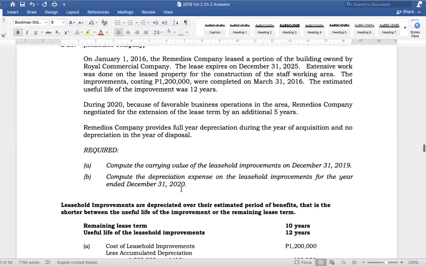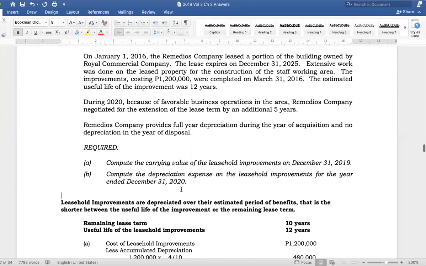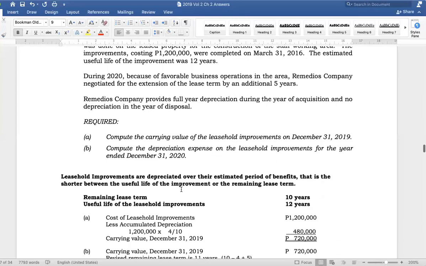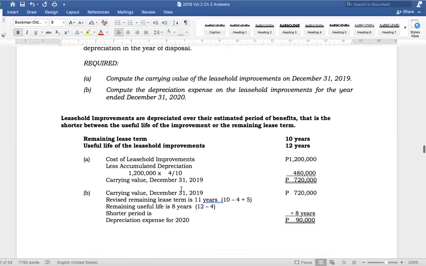So from the point of view of the lessee, your economic benefit is limited by the lease term. But you also have to consider the useful life of the improvement. So your economic benefit actually is the shorter between the lease term and the useful life of the completed structure.